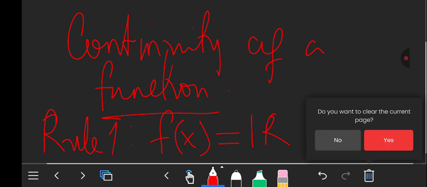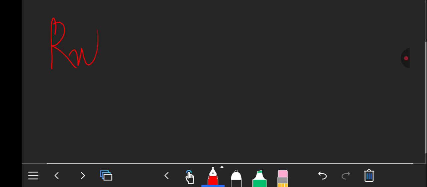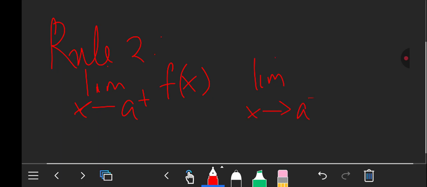Let's look at rule number 2. You must determine the limits. When determining the limit, let's say the limit of x approaching the positive side of f of x, you also determine the limit as x approaches the negative side of f of x.